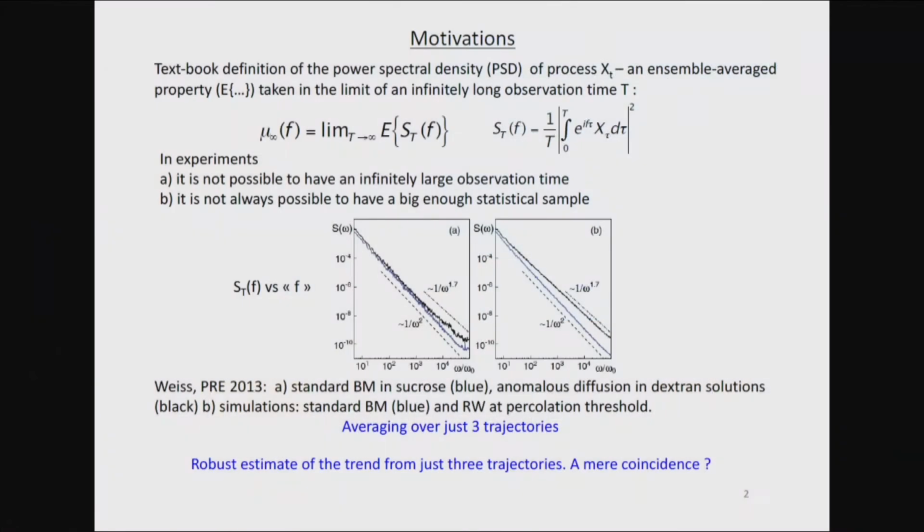So let me start with some motivations for the works and definitions. In textbooks we can find a Fourier transform of a single realization of a stochastic process, which is defined here. It is an integral over time domain or spatial domain, depending on the circumstances.